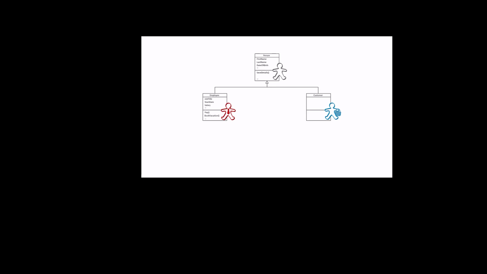And so can a customer. But it need not stop there. A programmer is a type of employee, and so is a manager and a cleaner. Inheritance defines type of relationships.